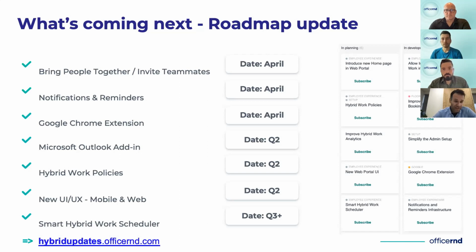And something that actually is not on that list, but it's huge, that I think we will be working on in Q2 is the analytics. We firmly believe that the office and the workplace is and should be an evolution. It's a never-ending game, and it can always be better. So if you're using a platform such as OfficeRnD Hybrid, you have a lot of data that can truly guide you on what office you need, what the future office is that you need, and how you can improve it.